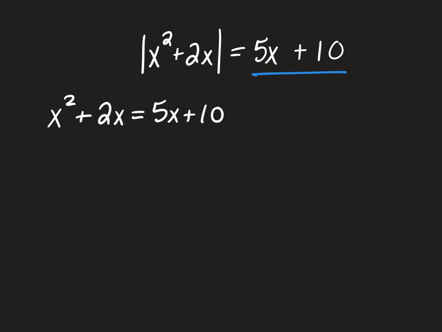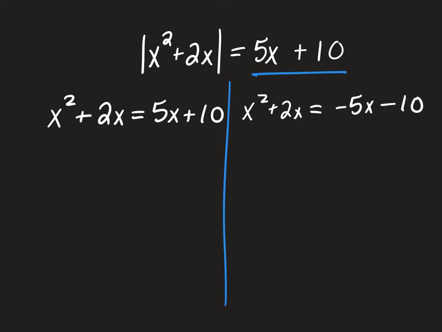So we have x squared plus 2x is going to equal negative 5x minus 10. Right, and so if it was 5x minus 10, you would make it negative 5x plus 10. You're just changing all the signs on the right side. And then we need to solve our two equations. So we're going to end up with two quadratic equations that we have to solve.